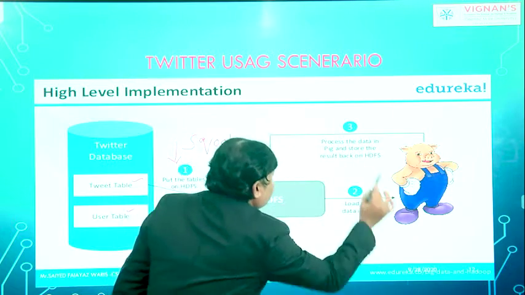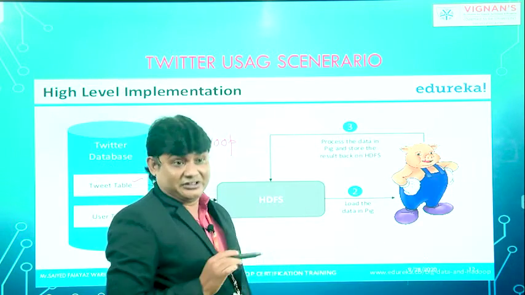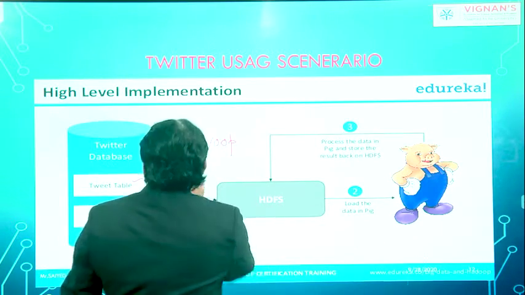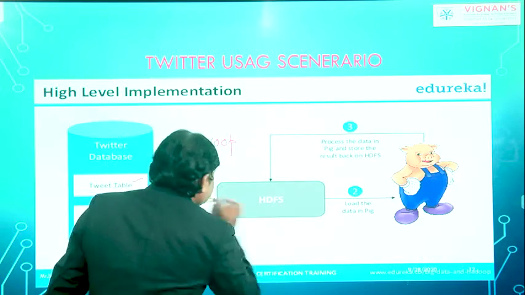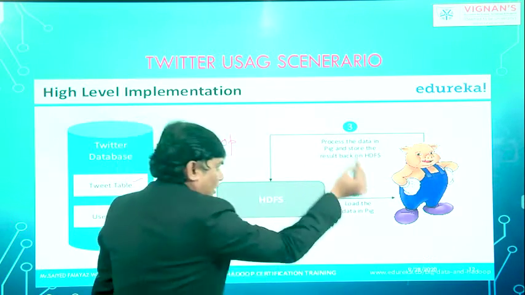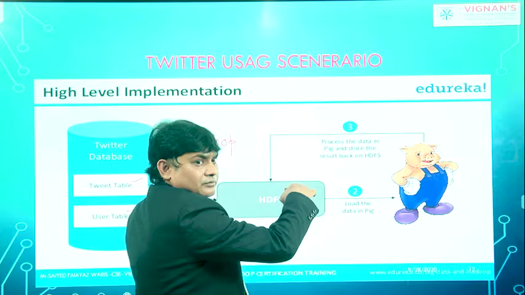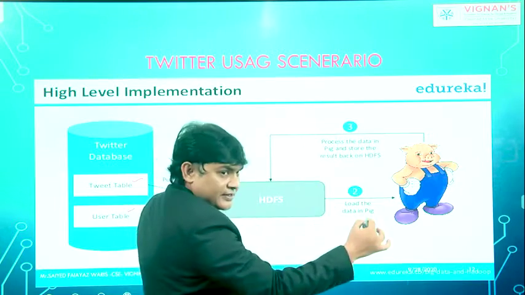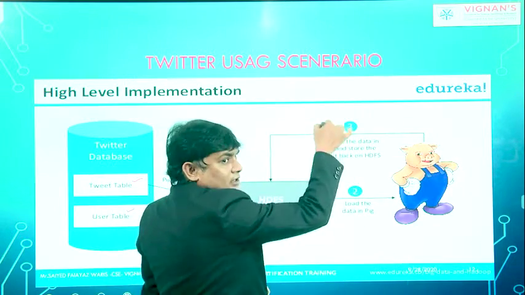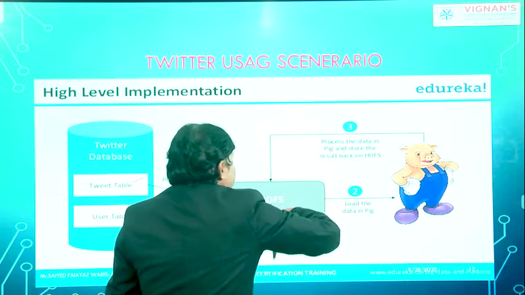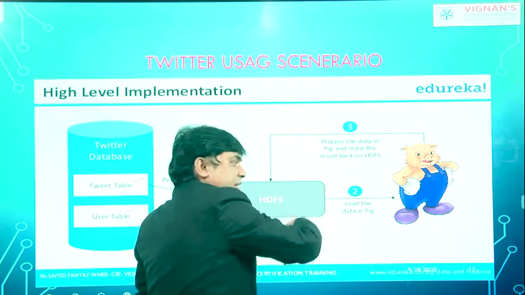In this way, Pig is going to work on Twitter. So we have a Twitter database, bring the data into HDFS, Pig will load this data from HDFS, process it, and the result will be stored into HDFS.